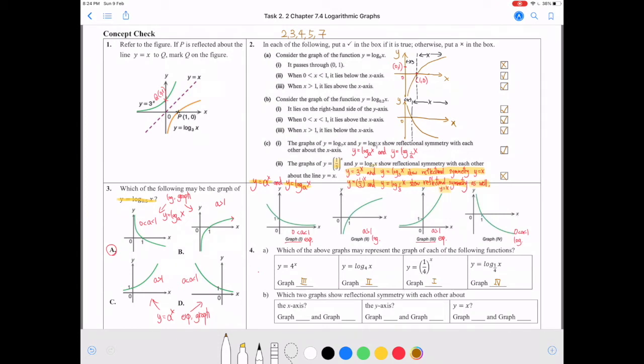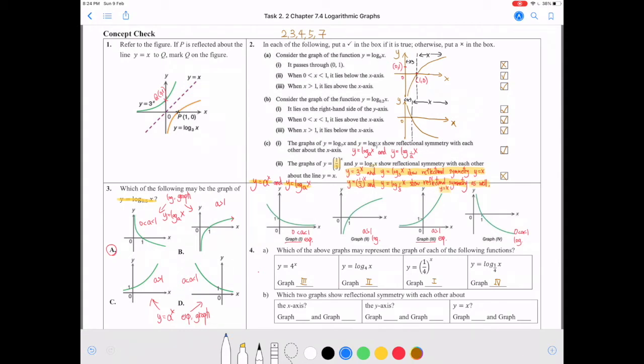Part B, which two graphs show reflectional symmetry with each other about the x-axis? Okay, so now let's have a look at these four graphs. If I move the second graph to the fourth graph, let's look at what will happen. I use a blue color, okay?